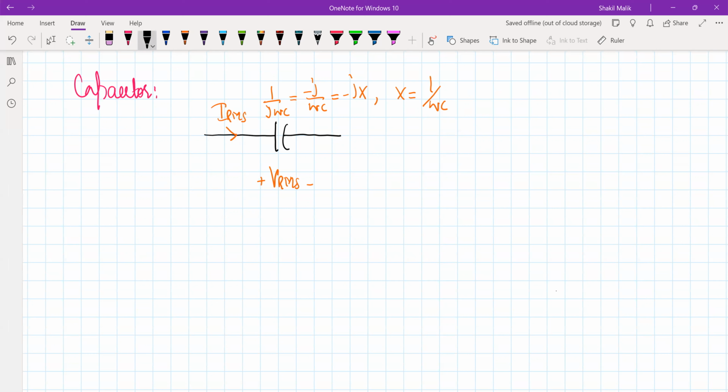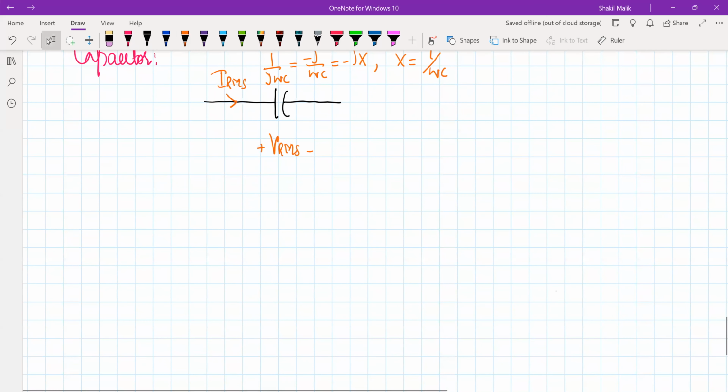We already studied this phasor analysis in the class, so we are just replacing the impedance with 1 by j omega C. If we relate the voltage and current using Ohm's law, we write V RMS is equal to I RMS times minus jX.